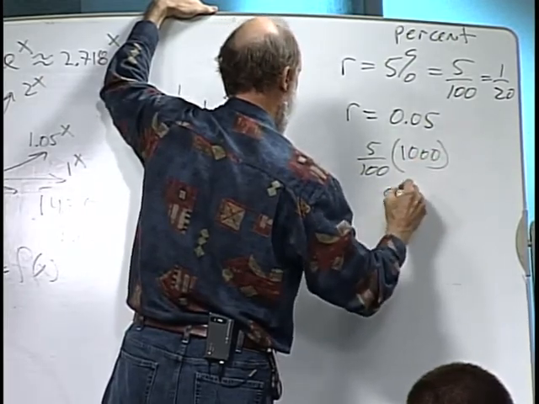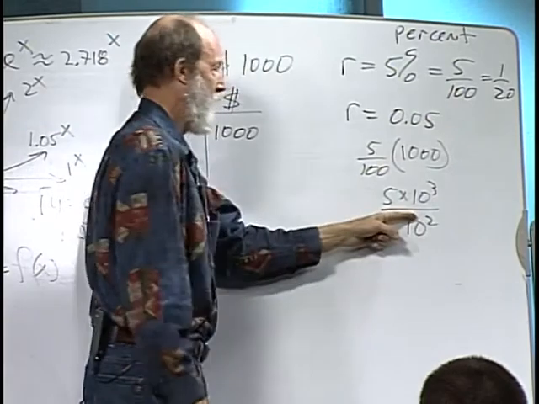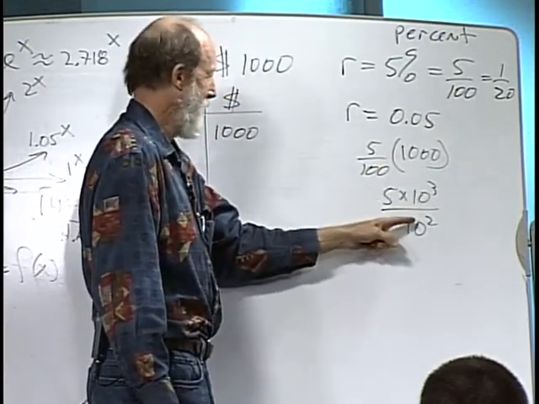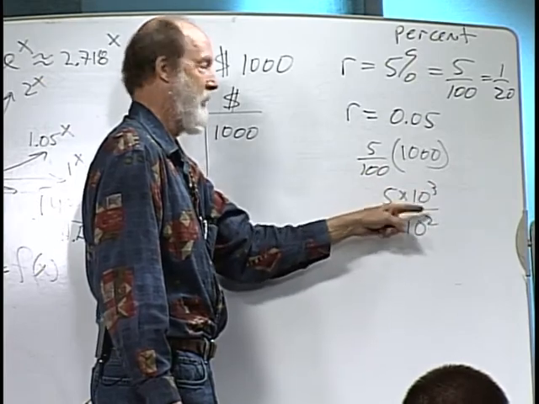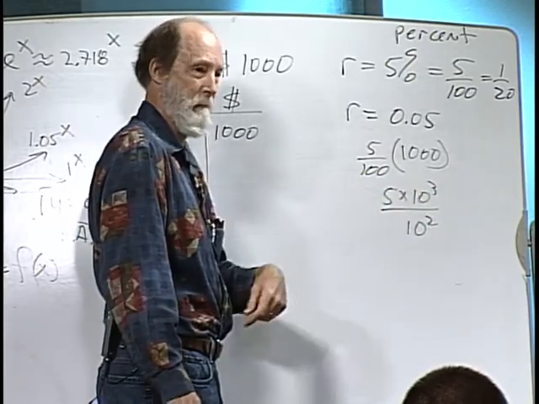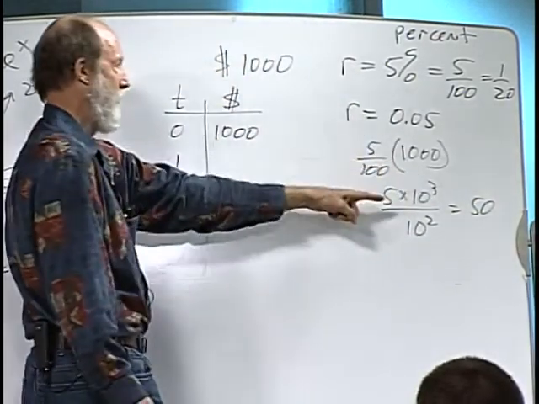That's the same as 5 times 10 cubed over 10 squared. Let's practice exponents, folks. Cross the fraction bar with this one, makes it -2. Add them up. You get 5 times 10 is 50. So you're picking up $50 of interest after 1 year.